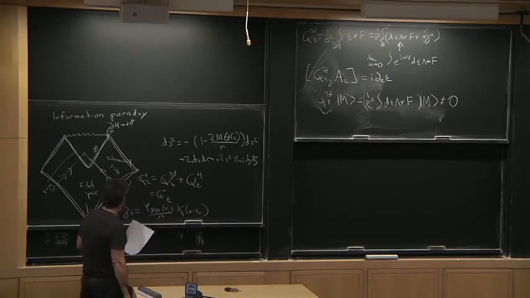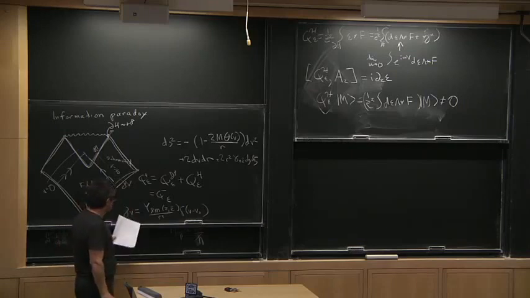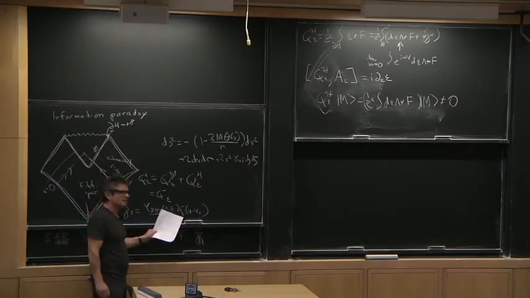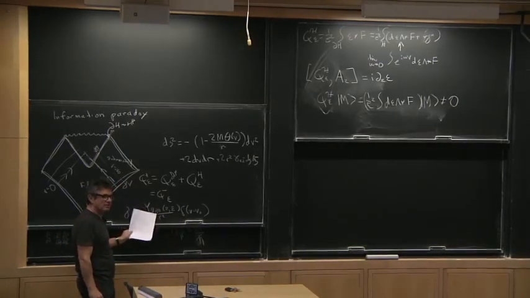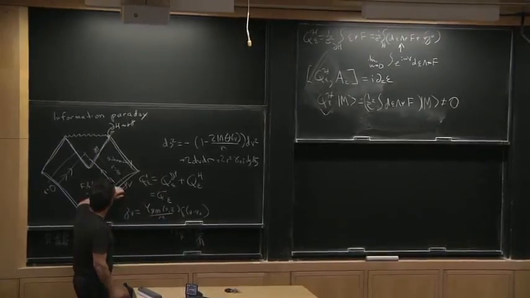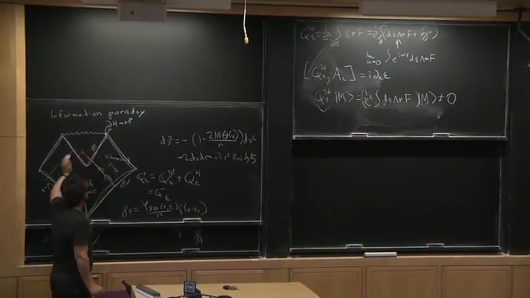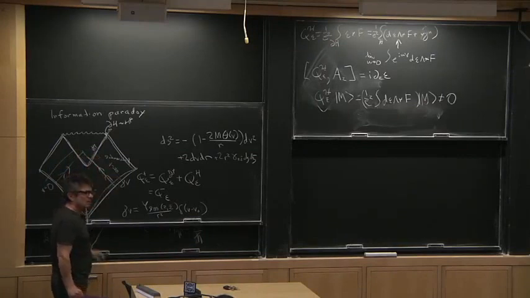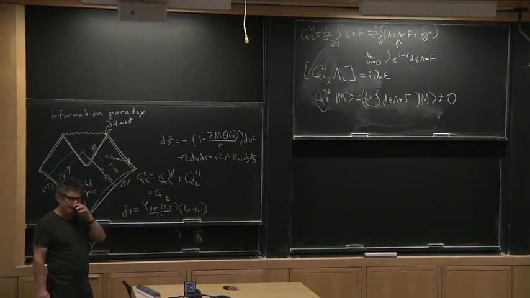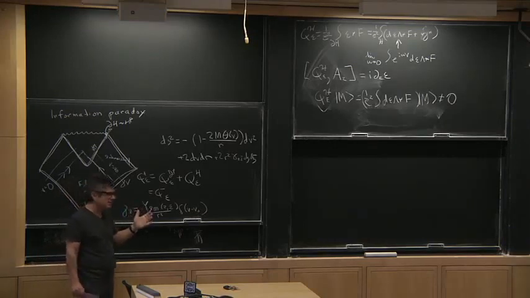It's one line to check that this current is conserved. So what we're doing is sending in a shell of charge, and I'm going to work in linearized perturbation theory, and neglect the back reaction of this on the geometry. It's not what we're trying to study right now.